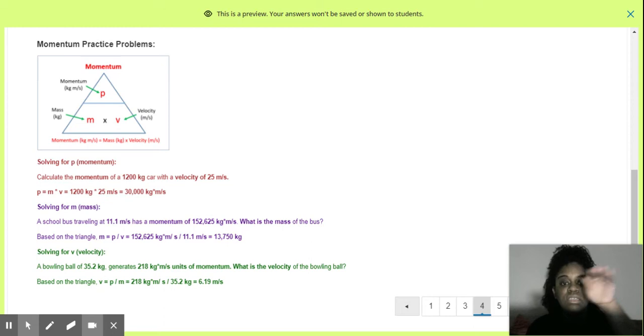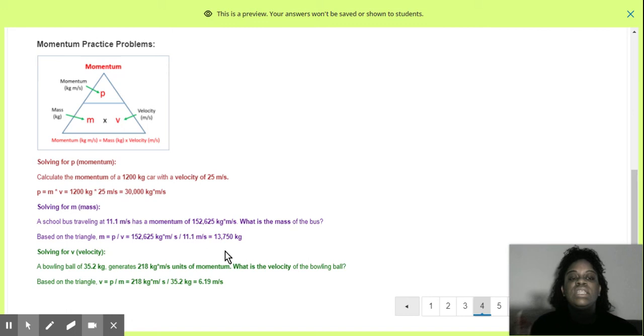You have P, a line, and velocity. That's division. Momentum divided by velocity. That's how we will solve for mass when we have those two pieces of information. Same process if you're looking for velocity, which is in green, momentum over mass.